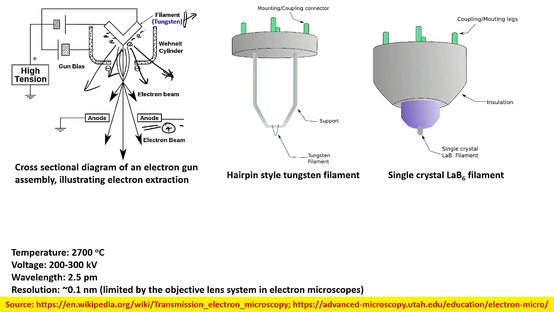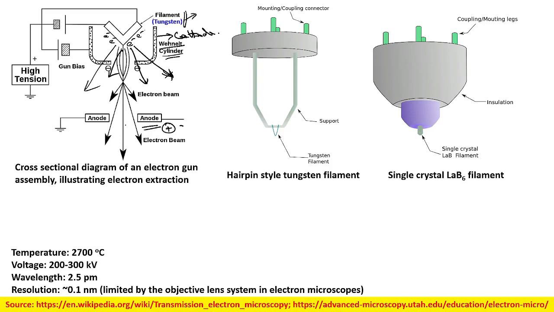So what is done is that this Wehnelt cylinder is used, and it has a cathode. Now what the electrode is sensing is that there is a high accelerating force.